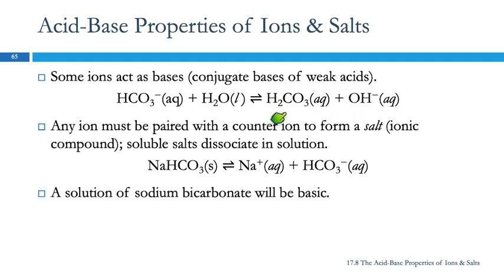What is this? That's an acid, right? That is carbonic acid. So in this equation here, we have a base and a conjugate acid. Well, if we write that the other way around, we have the equation for the weak acid, right?